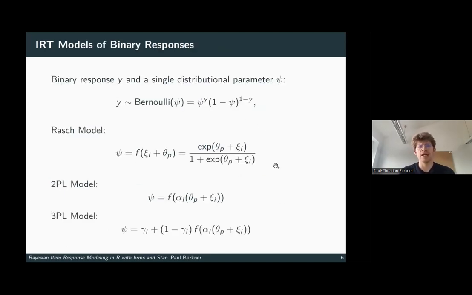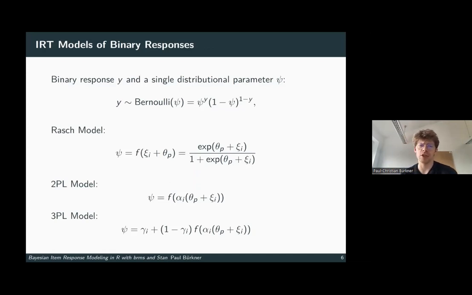Okay, let's take a look at binary IRT models of binary responses, which is perhaps the most common form of IRT models, where basically binary responses mean we have 0 or 1 responses. For example, when we just score an intelligence test and we score every item, whether it's correct, assign a 1, or incorrect, assign a 0.